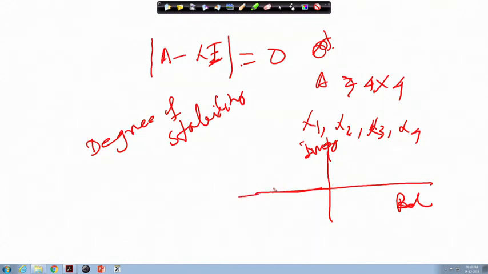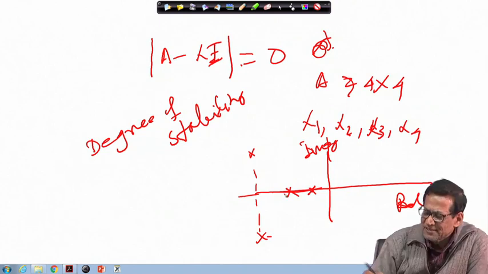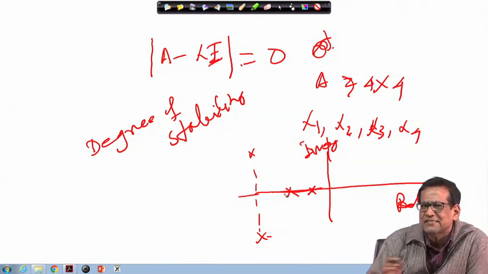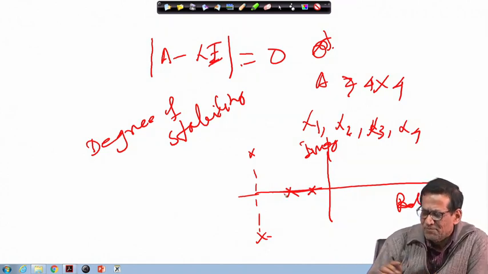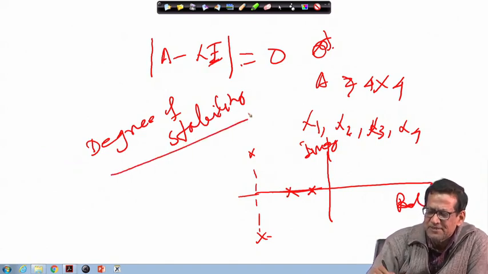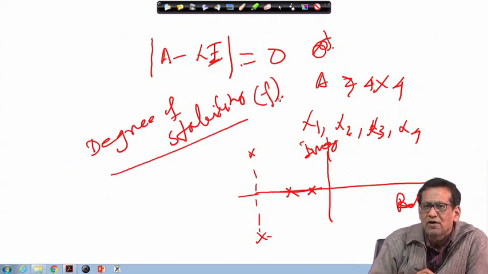Just for clarification, suppose we have one complex conjugate pair of eigenvalues located here, and say the other two are real, one located here and another somewhere else, or maybe another complex conjugate pair. It does not matter. Our objective for degree of stability, which we define as rho, right.